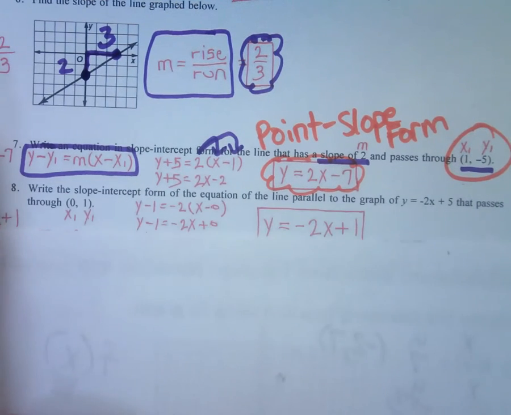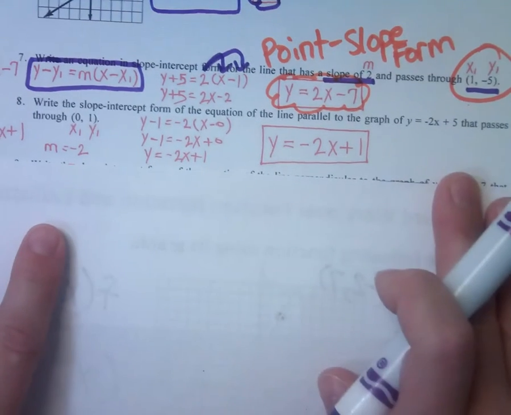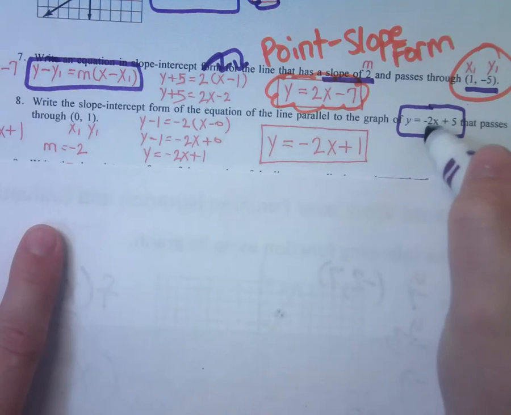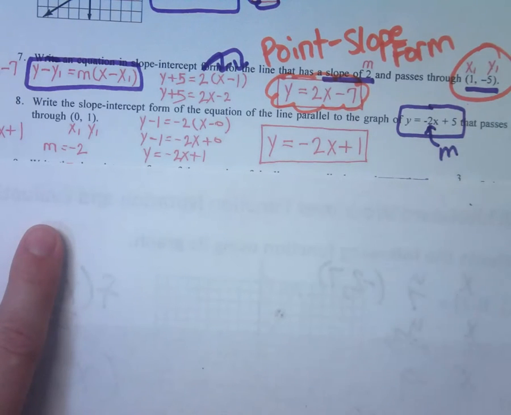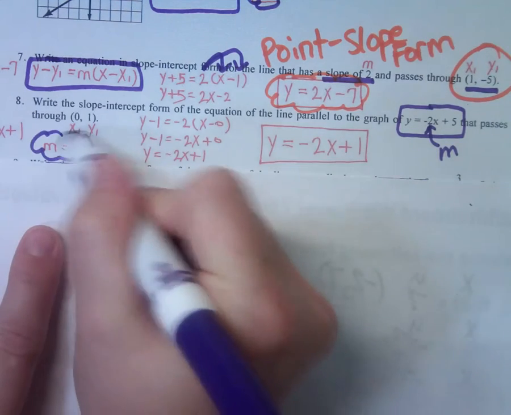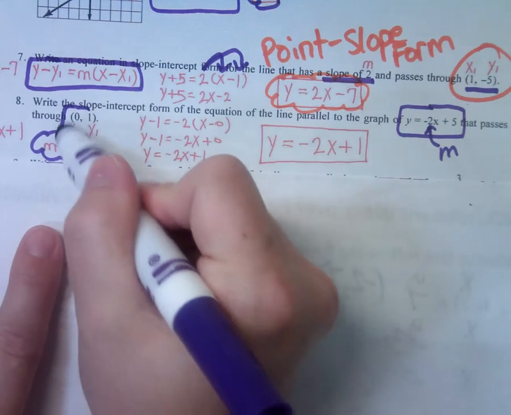Okay, number 8. This one we want to write an equation of a line that's parallel to this line here. So if it's going to be parallel, it's got to have the same slope. So if this line has a slope of -2, the parallel line has to have a slope of -2. So that's the slope we want to use, is -2. And then we want the line to go through the point 0, 1.